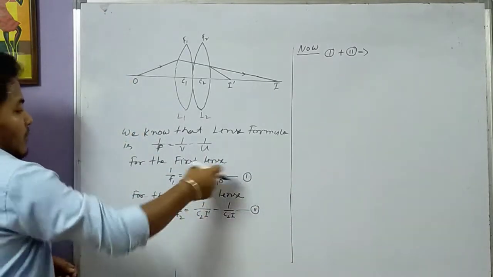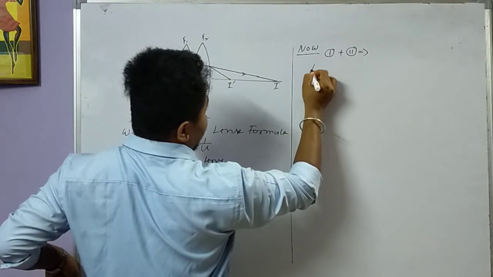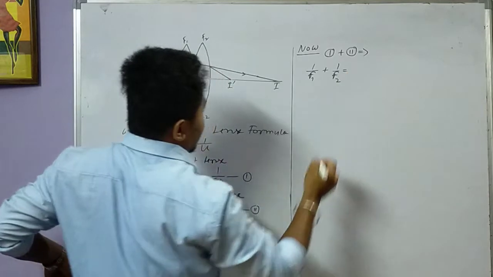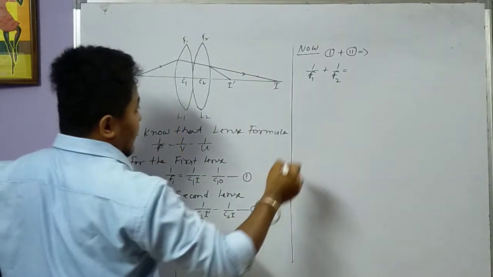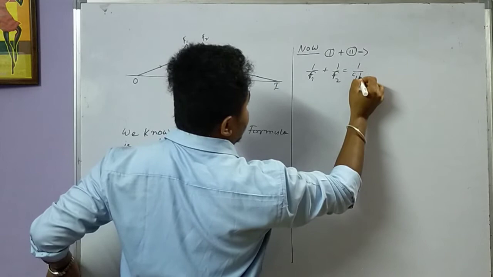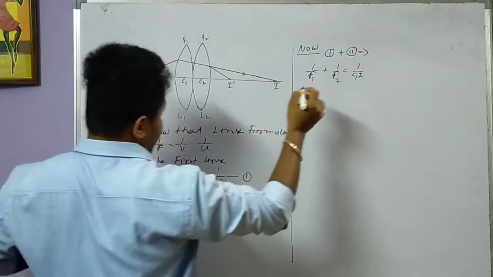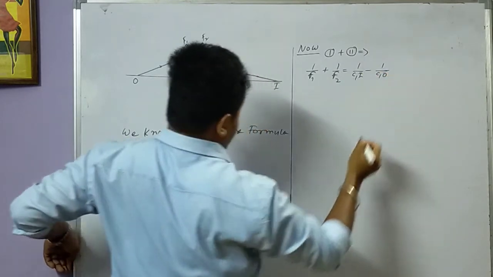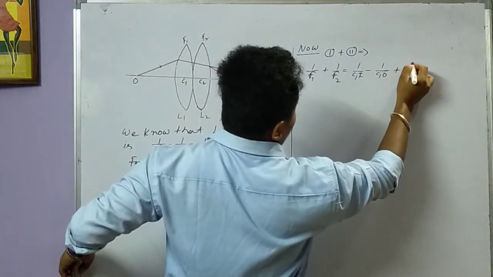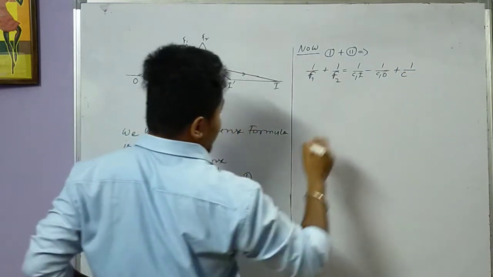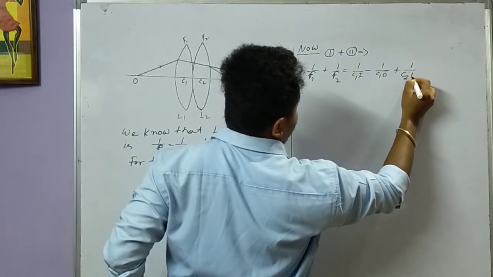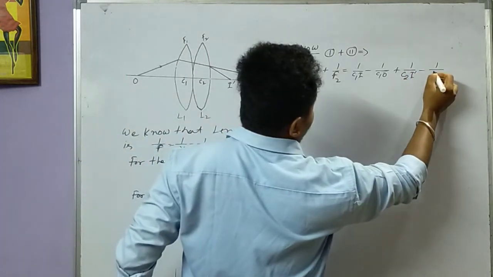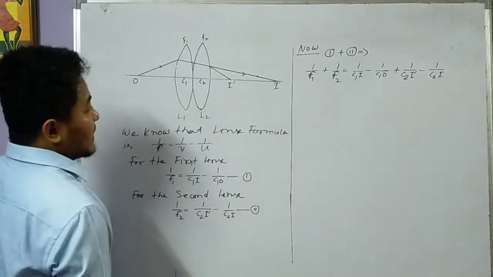Equation number 1 is 1 by f1 plus 1 by f2 is equal to 1 by C1I minus 1 by C1O plus 1 by C2I dash minus 1 by C2I. Like that I have added them.